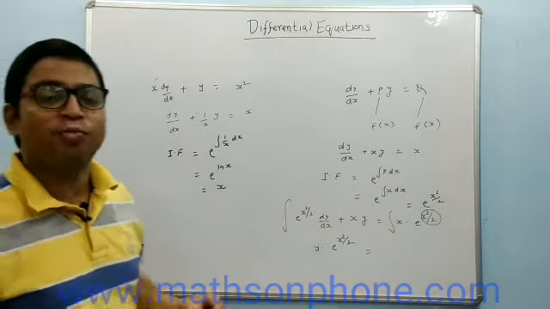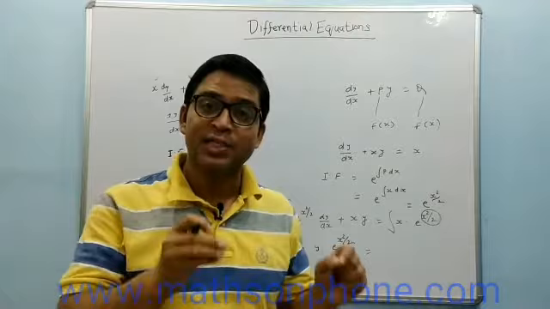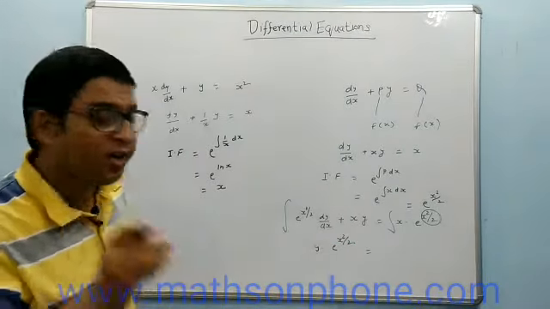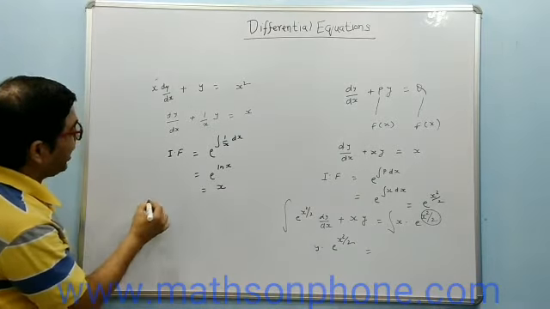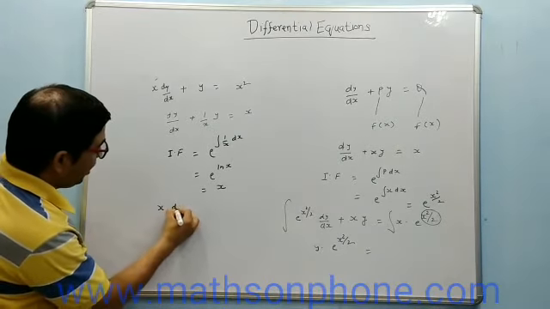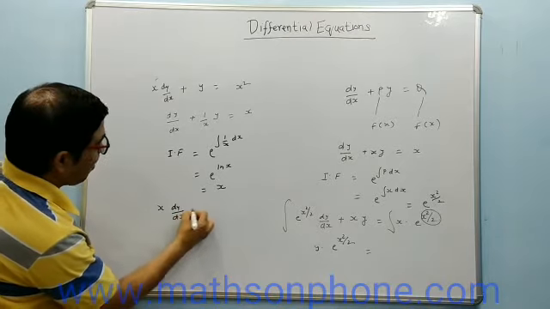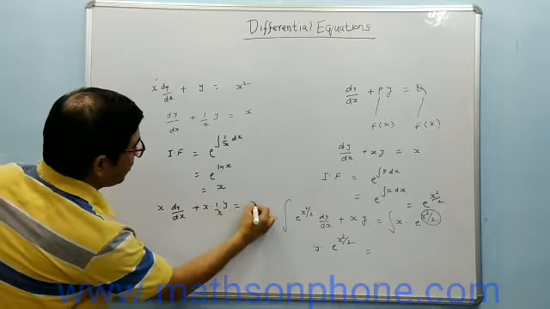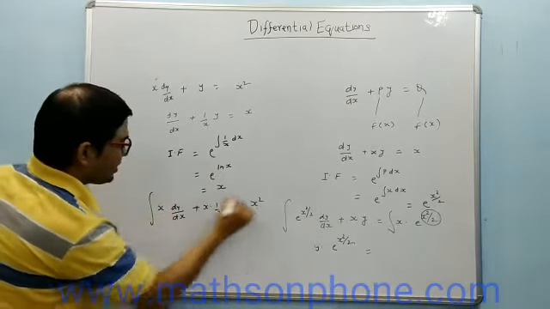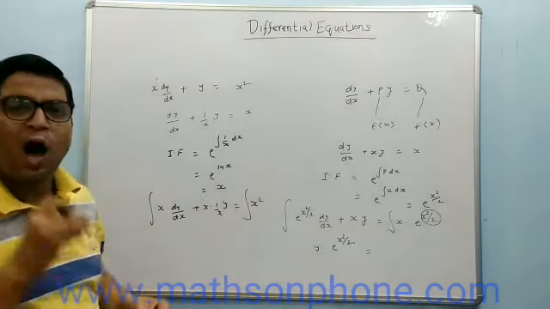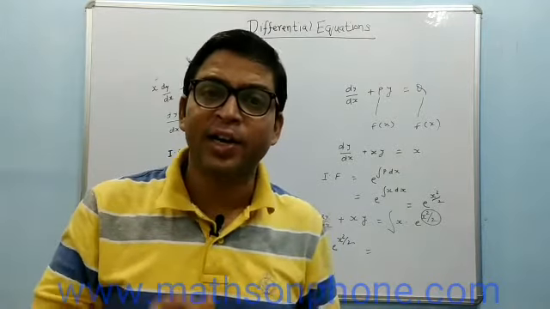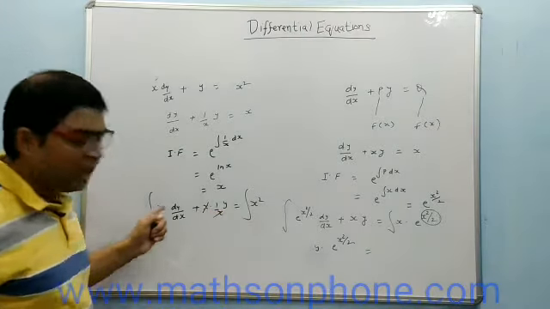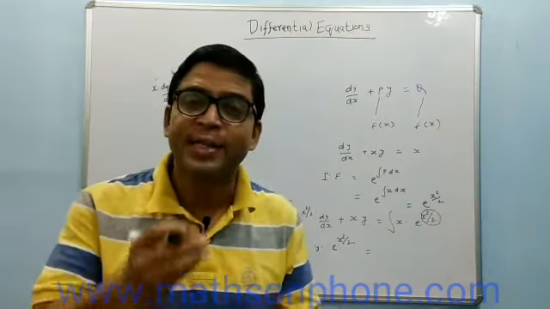So I have to multiply x, which is the IF, to both sides of the equation to make it integrable. On multiplying IF, it is x into dy by dx plus x into 1 by x y is equal to x square. Now we just integrate. You just see how IF is making it integrable. This is actually the derivative of x into y.